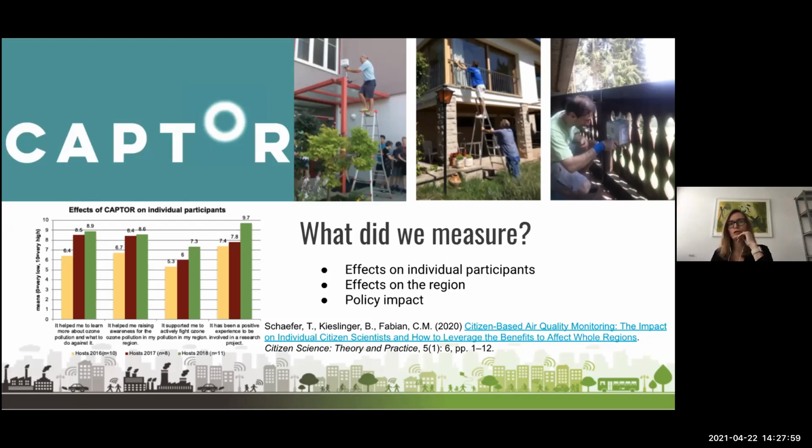But we also looked at the effects on the region. And in some, it had quite important effects because there was also a political impact. With that data, one of our partners created real impact and tried to change policy, for example reducing traffic.